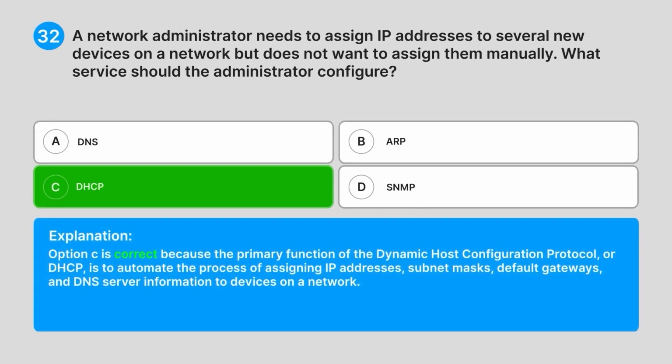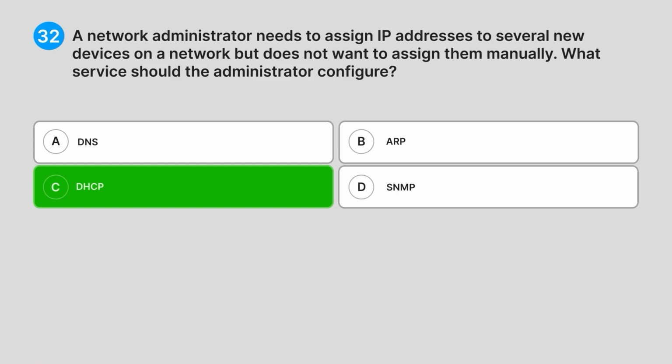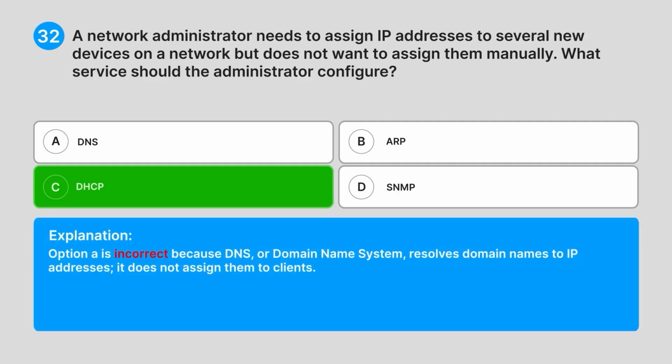Explanation. Option C is correct because the primary function of the Dynamic Host Configuration Protocol, or DHCP, is to automate the process of assigning IP addresses, subnet masks, default gateways, and DNS server information to devices on a network. Option A is incorrect because DNS, or Domain Name System, resolves domain names to IP addresses.